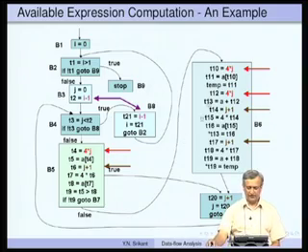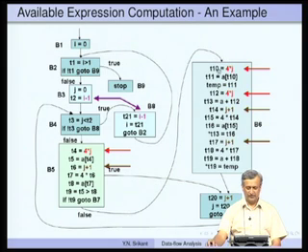So, this is something I want to show you here. Let us consider the expression 4 star j here, there is another 4 star j here. This is the same example that I gave you during the introduction to optimizations lecture, and there is another 4 star j here. We have marked 4 star j by red arrows here. This 4 star j is said to be available at the entry of the basic block B6.